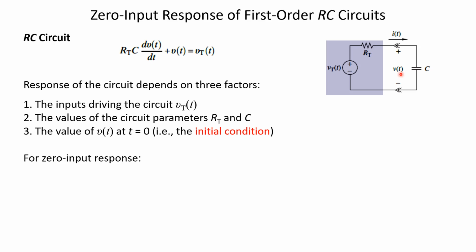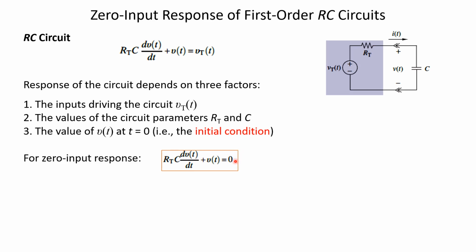For zero input response, we remove all the external excitation expressed at the right hand side, we equate it to 0. You may wonder that if there is no external excitation, then how some current may be flowing in the circuit and how some voltage may be appearing across circuit elements if the external excitation is 0.